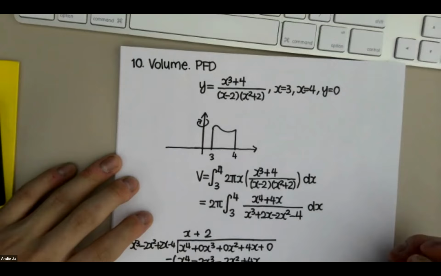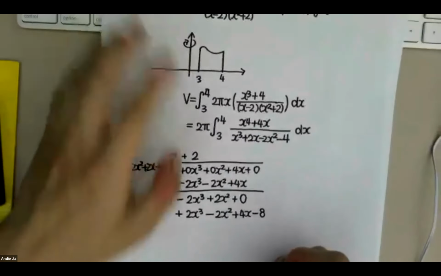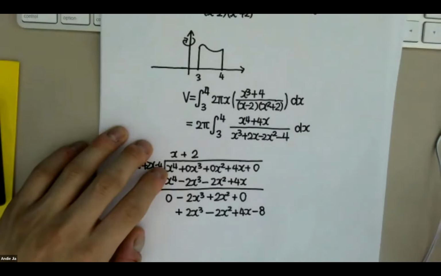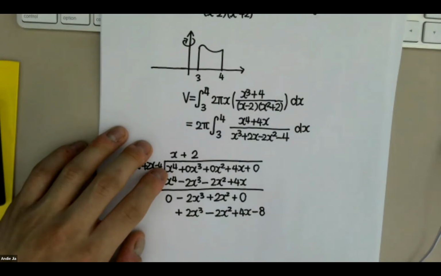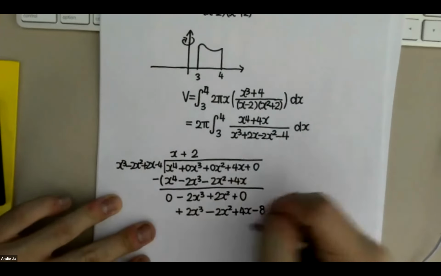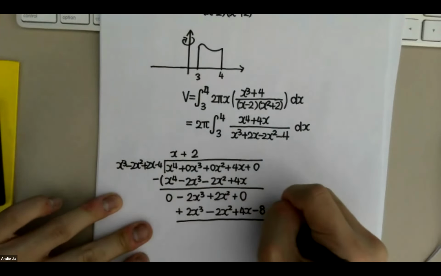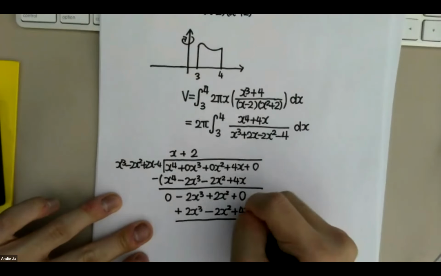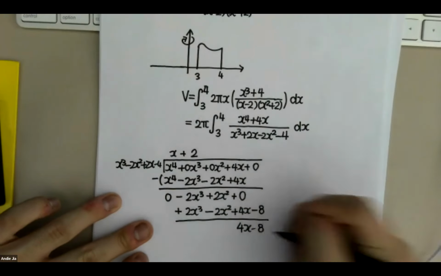All right. So is my polynomial division right or not? I try to make sure that we don't make any silly mistakes here. So it's 4x minus 8.